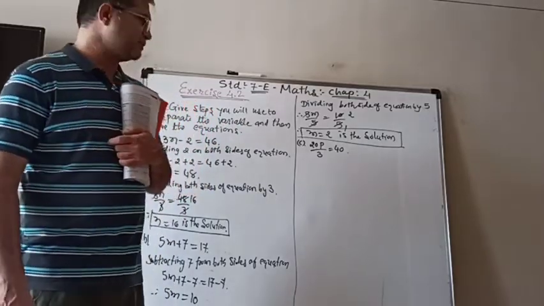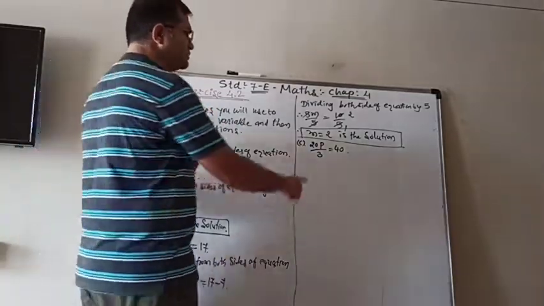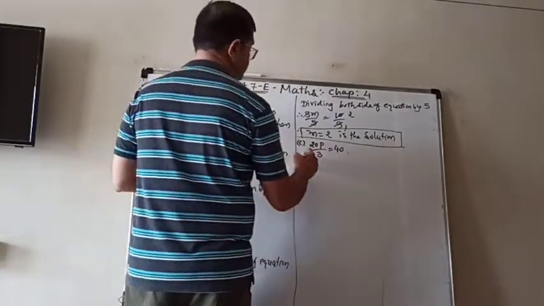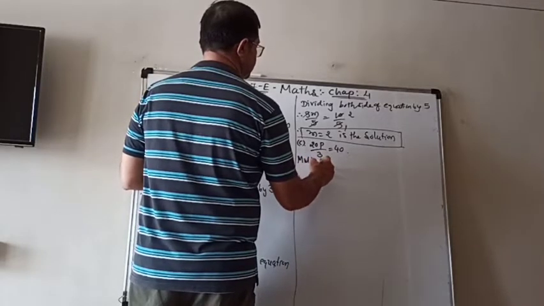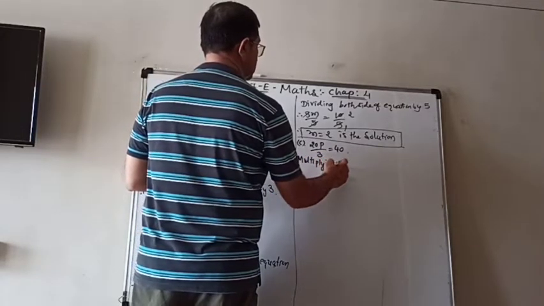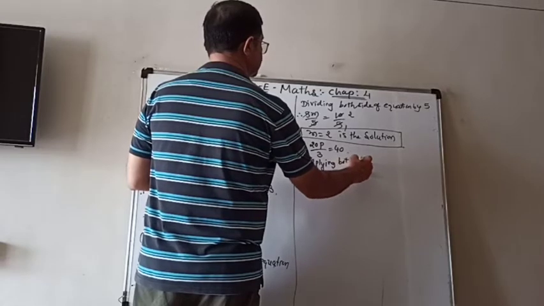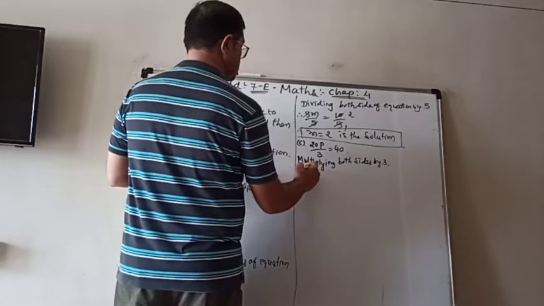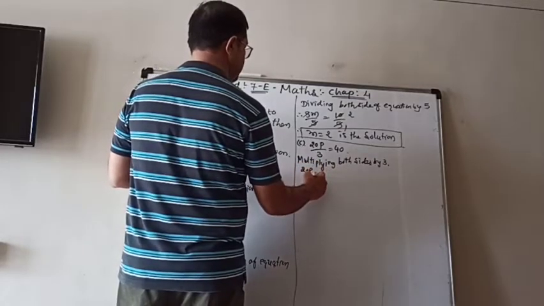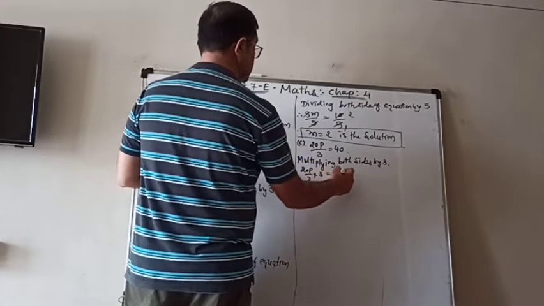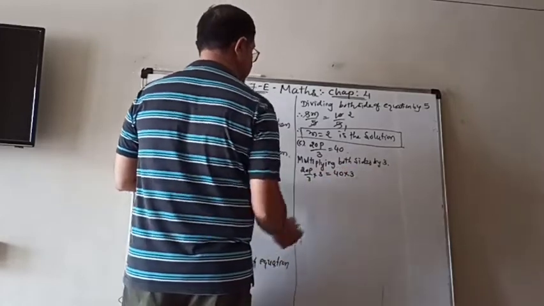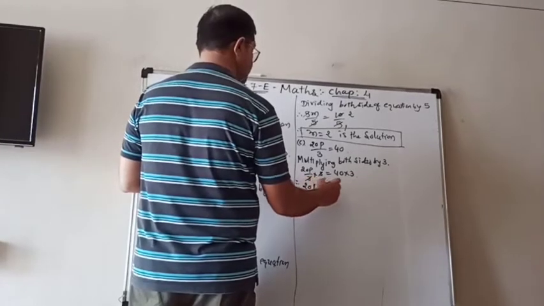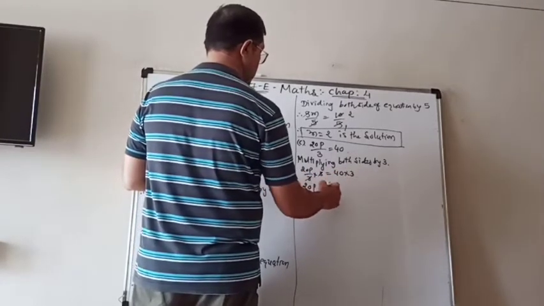So step by step, we can first remove 3 by multiplying both sides by 3. So 20p upon 3 multiplied by 3 is equal to 40 multiplied by 3. So we get 20p is equal to 120.